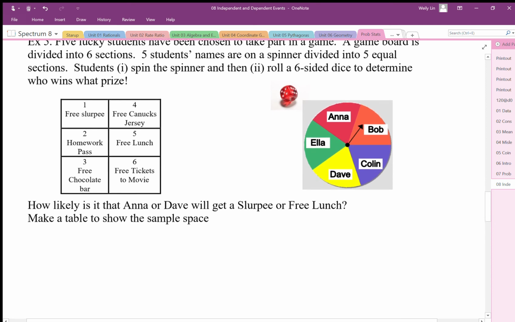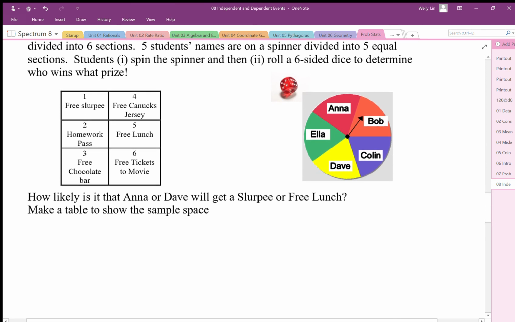Okay, well, let's make a sample. So this again is a 2-event, selecting the person, selecting the prize. So I'm going to make a table here. Anna, Bob, Colin, Dave, and Ella.